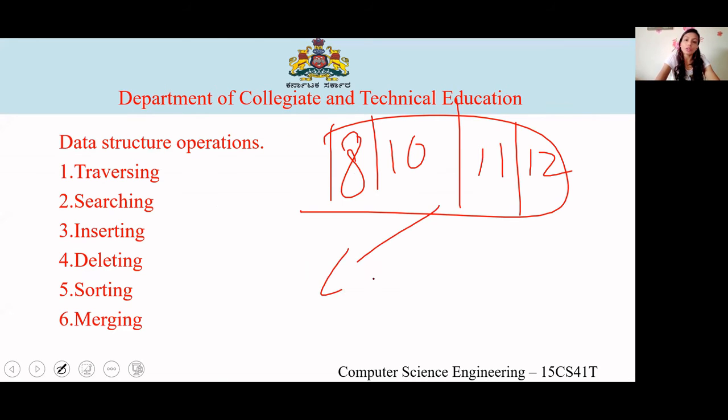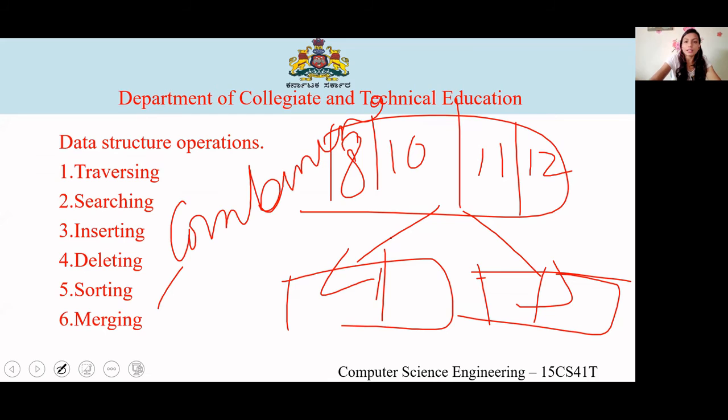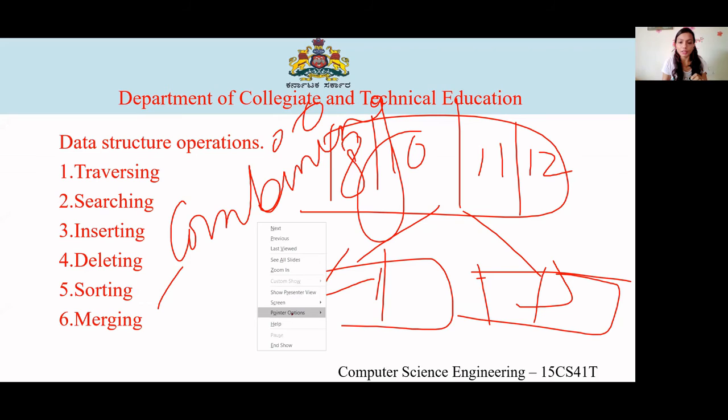So if I divide and sort, I divide, divide, and at last I have to combine. This process is known as merging, that is, combining the resources of 2 different sorted data structures is known as merging.